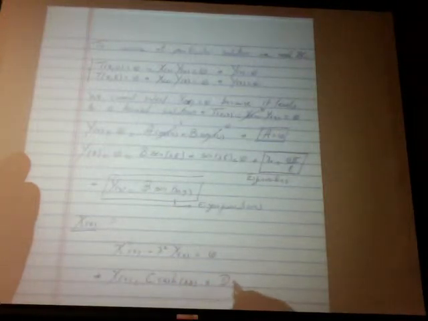X of x is equal to c times the cosine hyperbolic of lambda x plus d times the sine hyperbolic of lambda x. This is definitely not an eigenvalue problem because it leads to functions that do not oscillate. The hyperbolic functions do not oscillate. And this is a general solution, X of x.